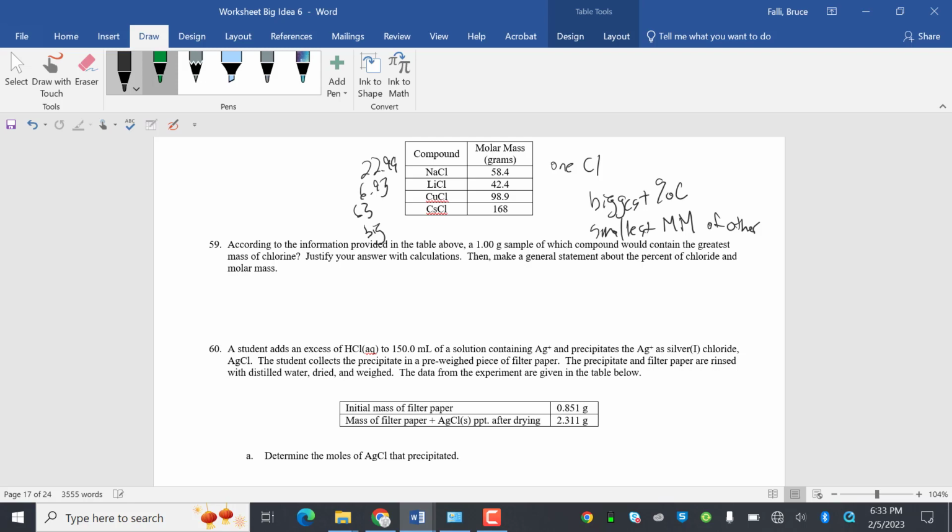So it's going to be lithium, LiCl. Percent equals chlorine over metal chloride times 100%, so the smallest number gives the biggest percent.